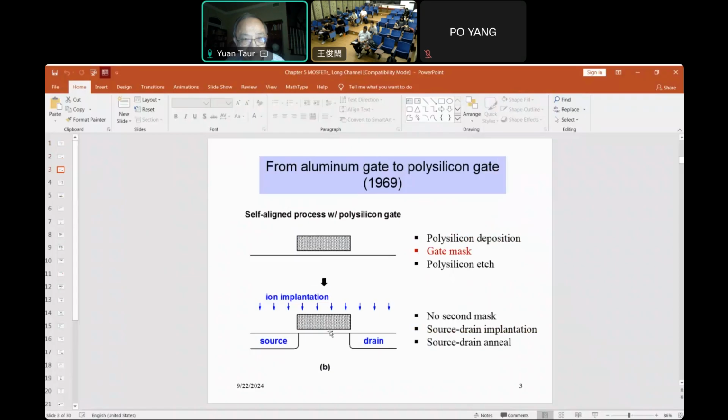But for metal, you have to have two different metals. So there's a lot of mask and process complexity involved, but we have to do that because the polysilicon depletion problem we mentioned earlier becomes a serious performance destruction when the oxide is very thin.